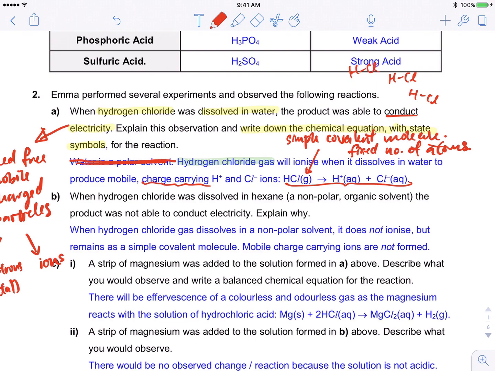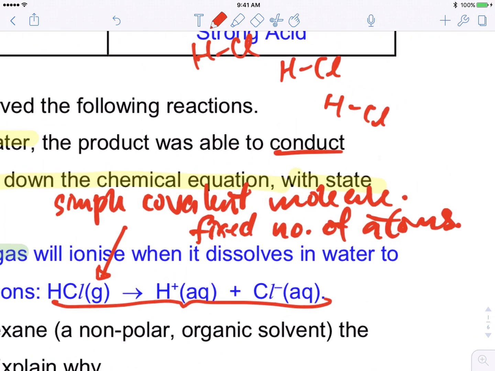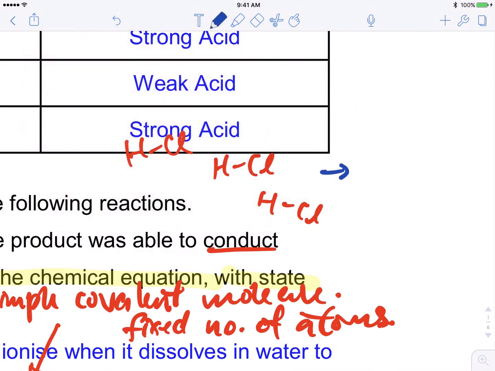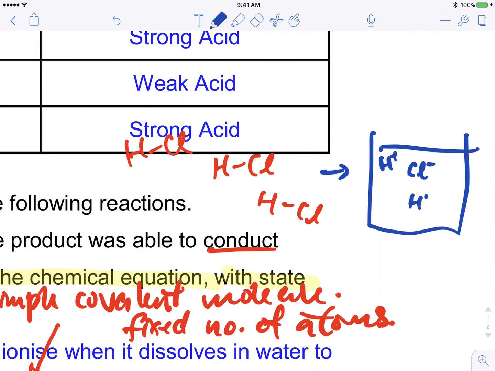It has gaseous molecules, but when you dissolve it in water, let me just zoom in, instead of H joined to Cl by a covalent bond, we get H+ and Cl-. I think we saw this picture in your notes somewhere.